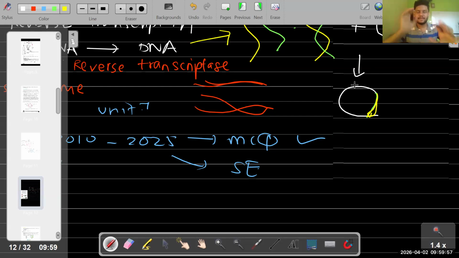Use it in a host. I know you know the answer, but you are hesitating. Use it in a host, correct. But rather than the word use, you can use the word inserting.